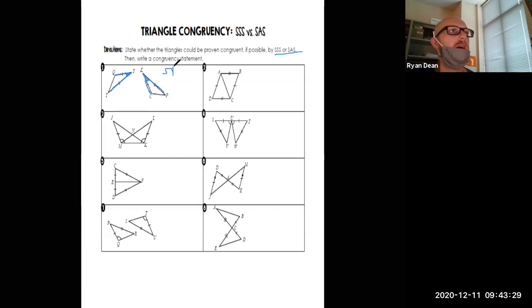So this one's going to be side, angle, side. And then for the congruency statement, you take your letters. If I traced 1 to 2, that would be triangle QYT. And then I would trace 1 to 2 on the other one, which is going to be C, K, and then P.